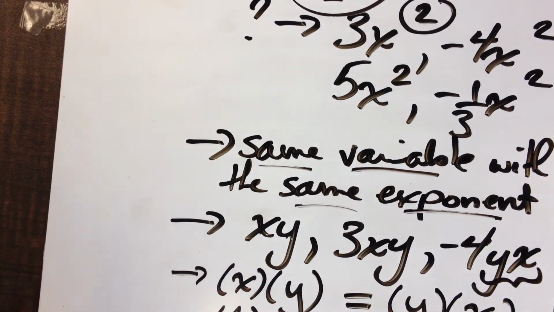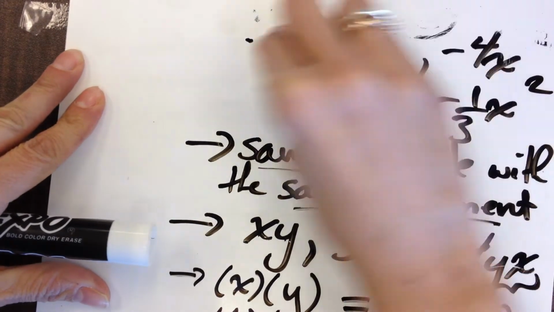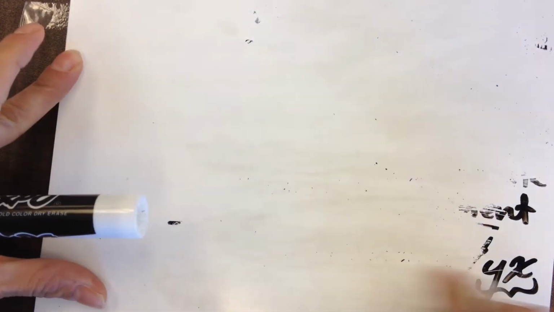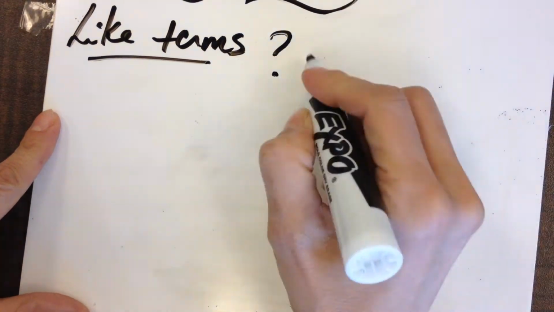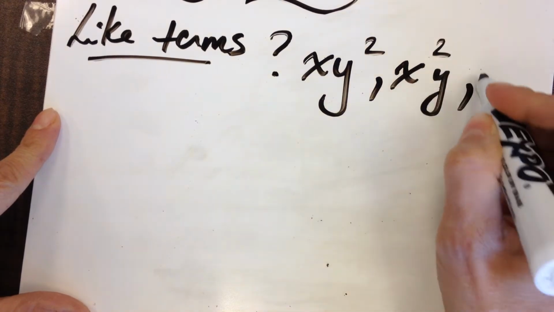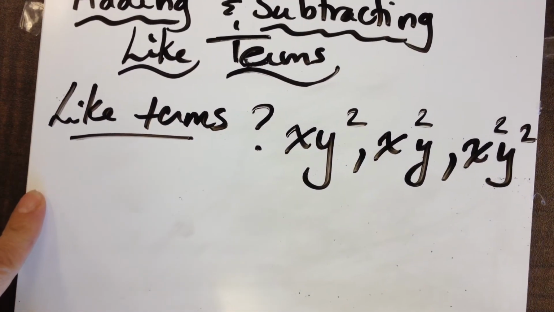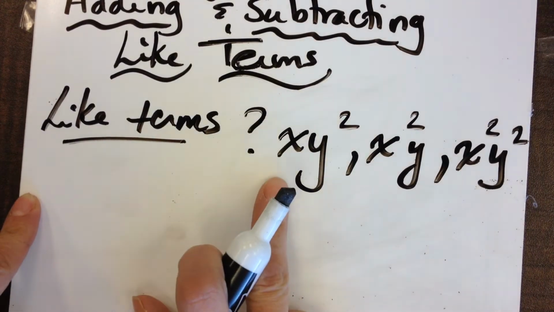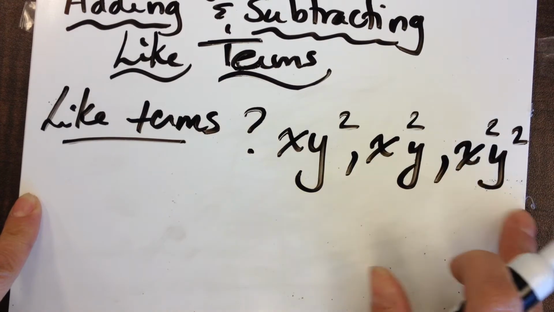Let's try one other one and see if you can see the difference between these ones. What if we put xy squared, x squared y, x squared y squared? Are these from the same families? Well, this is the xy squared family, this is the x squared y family, this is the x squared y squared family.